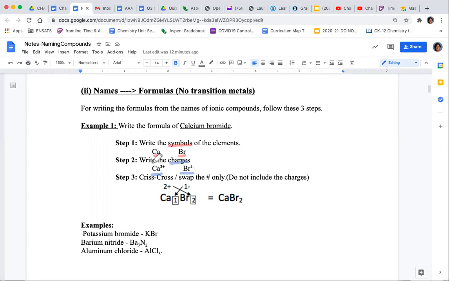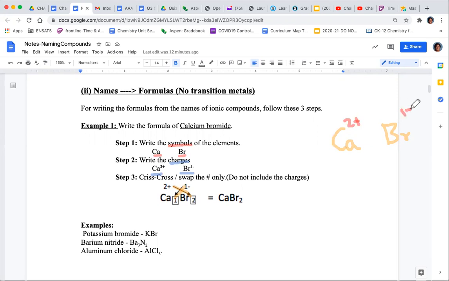So write the symbol, then write the charge, then easy. Just crisscross the numbers, only the numbers. What does it mean to crisscross the numbers? Write the symbols and write the charges: 2 plus for calcium, 1 minus for bromine.